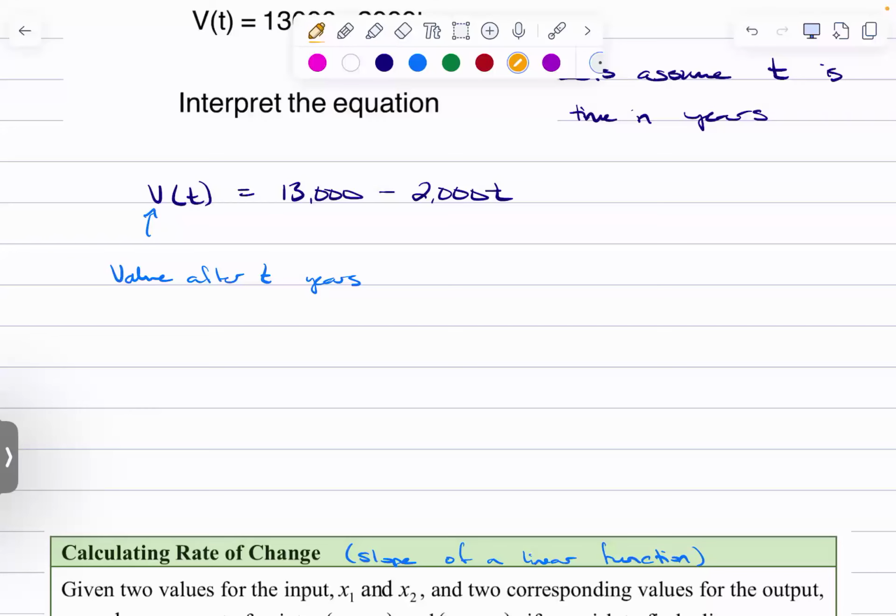This 13,000 must be the initial value of the car, right? When t is 0, my value of the car must be 13,000. Okay. And so this must be the initial value of the car at t equals 0. After 0 years, 13,000.